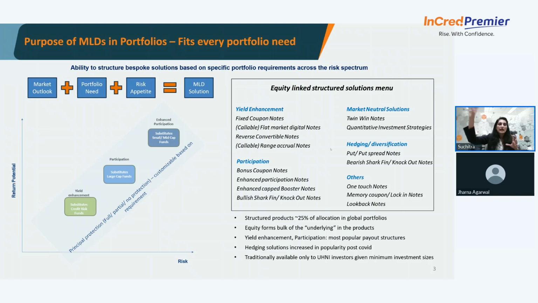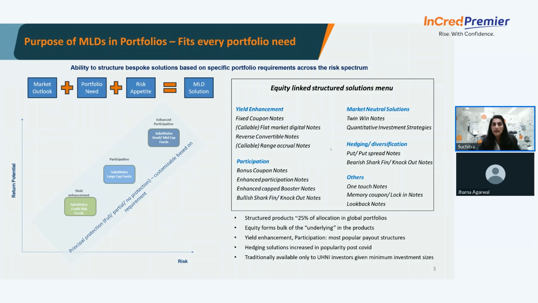And finally, highest on the risk versus reward spectrum is enhanced participation, where you say, look, I don't need principal protection because I'm extremely bullish on Nifty. I am ready to take downside participation on Nifty. But for this, I need to get 1.x participation. I need to get more than 100% participation on the Nifty.